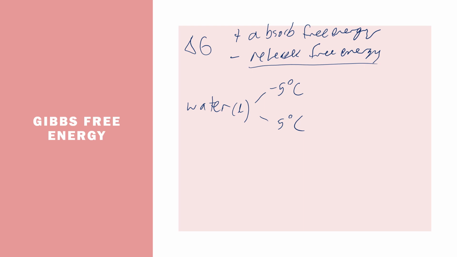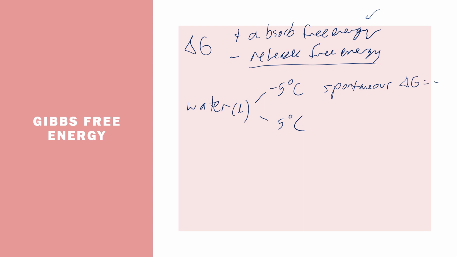And it will do that without any input of energy from an outside source. So we would call this a spontaneous process when it freezes. I use spontaneous again, a thermodynamically favorable process, because it just kind of happens. And so it will release free energy. It will have a delta G that is negative.